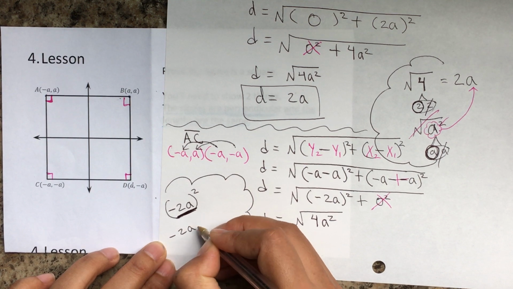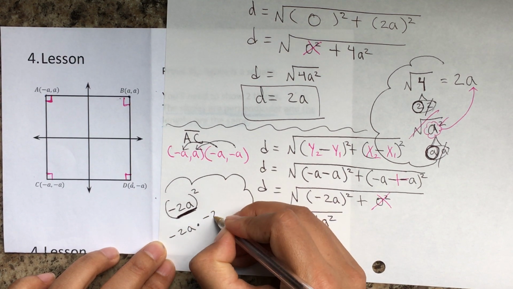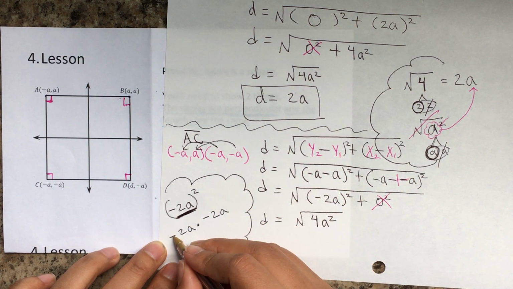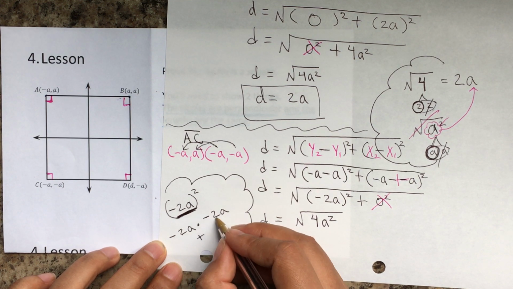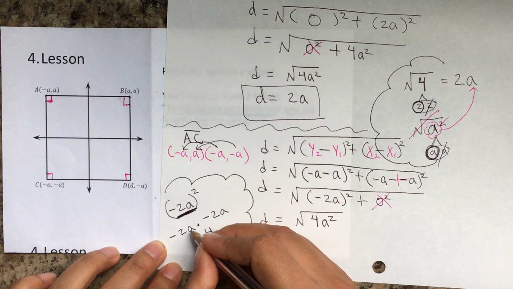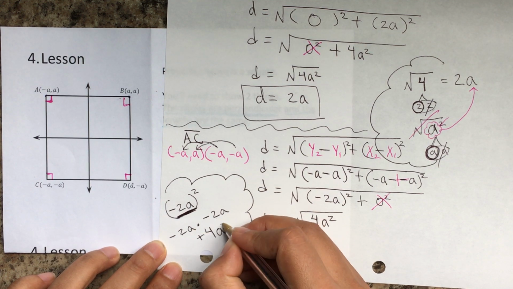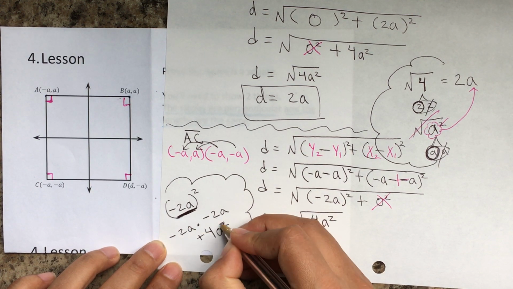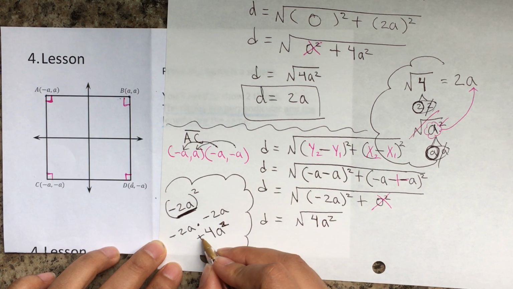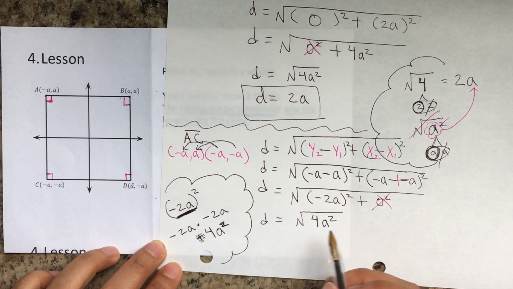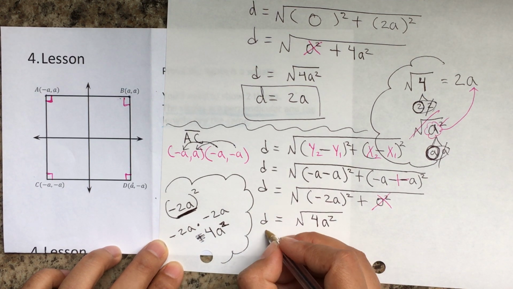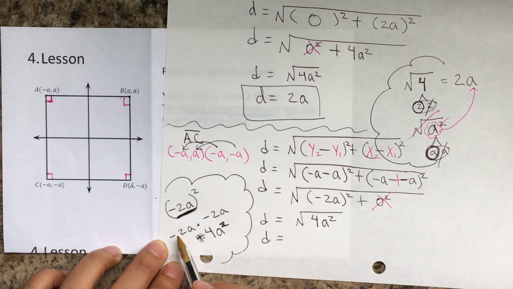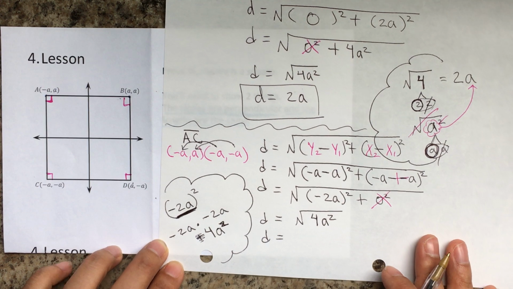So negative 2a times negative 2a, negative times negative is positive. 2 times 2 is 4, a times a is a squared. And remember that for positive exponents, we don't put the plus unless there is another term in here. We want to separate them. Okay, so that's why it becomes positive, because negative times negative is positive.